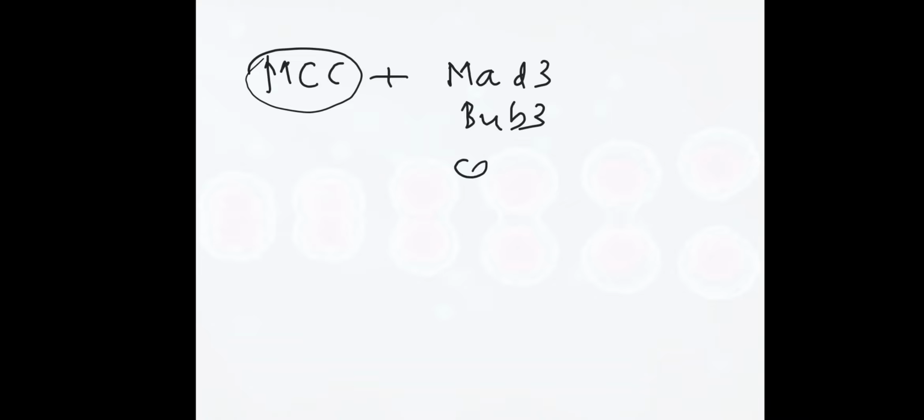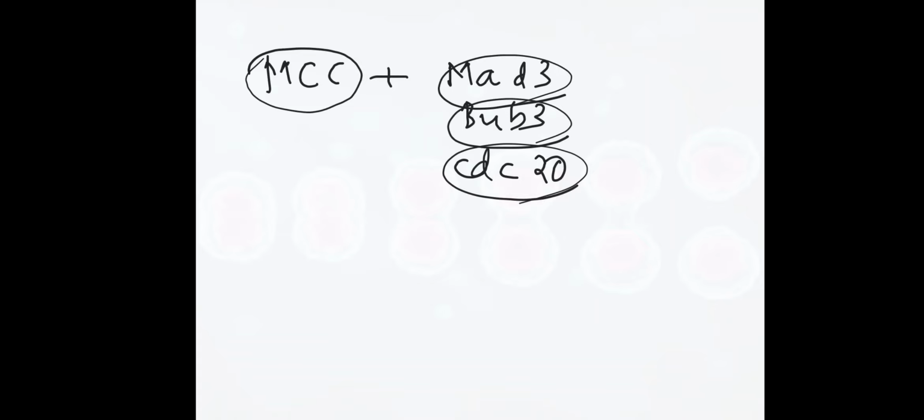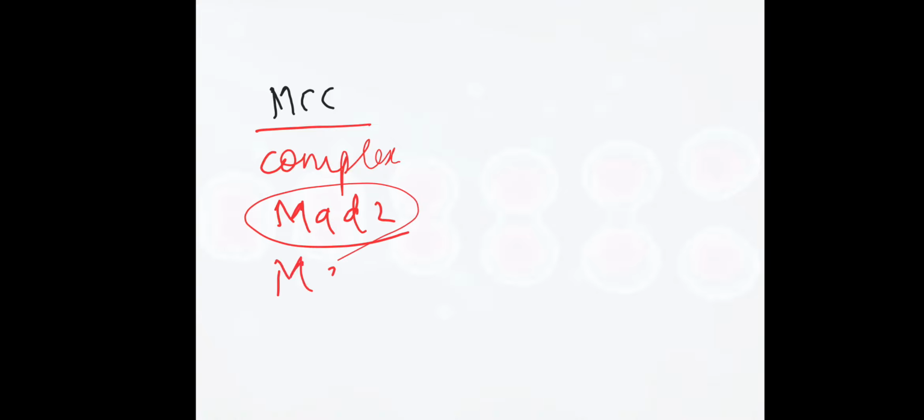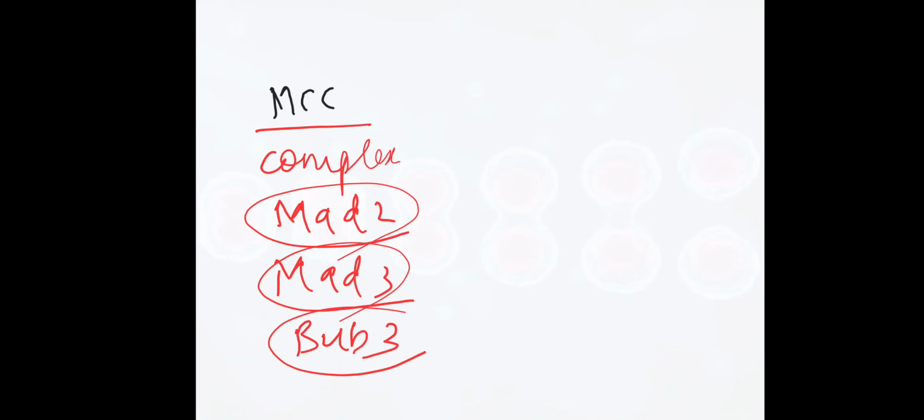So what is this mitotic checkpoint complex? The formation of the MCC is promoted by MAD2 together with MAD3, BUB3, and CDC20. MCC is a complex of mitotic spindle assembly checkpoint proteins like MAD2, MAD3, BUB3, and the APC-C coactivator CDC20.